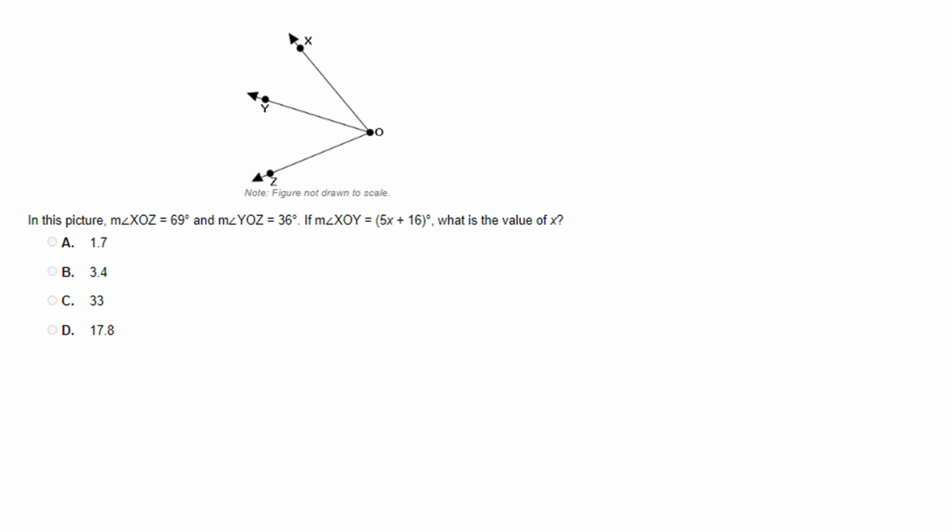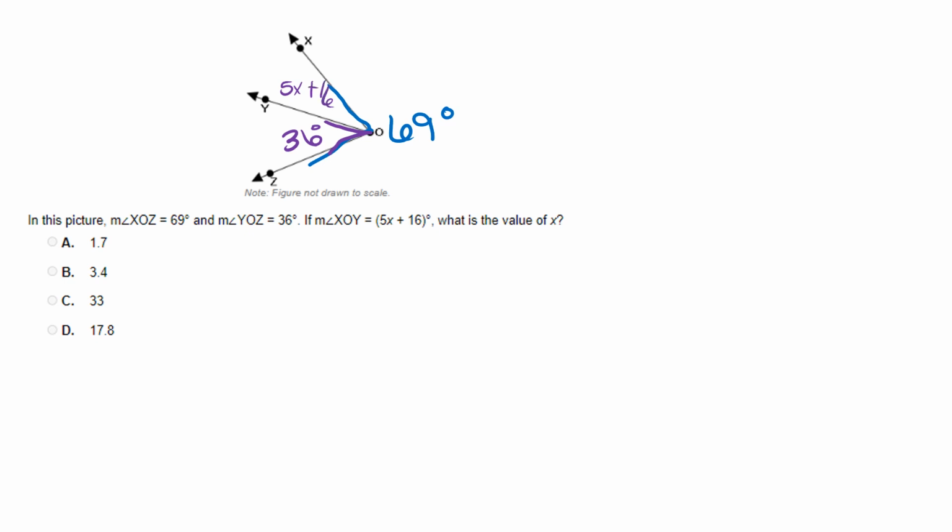In this picture, the measure of angle XOZ, so that means the whole thing, XOZ, is 69 degrees. YOZ, so that'd be inside here, YOZ is 36, and XOY is 5x plus 16.